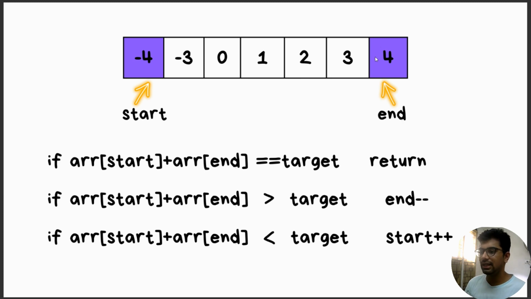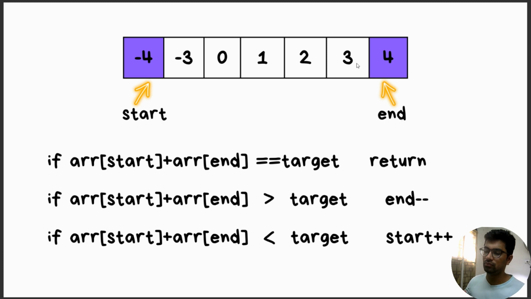Left side means in the sorted array we are decreasing the number. So we can decrease the start or decrease the end. But see here, the start is the last element, we cannot decrease the index because there are no numbers left of the start. So we have to decrease the end.